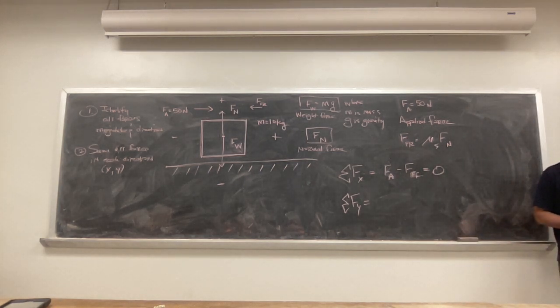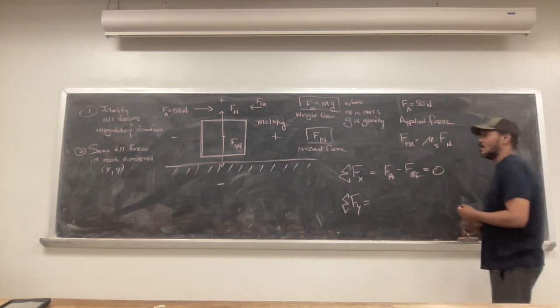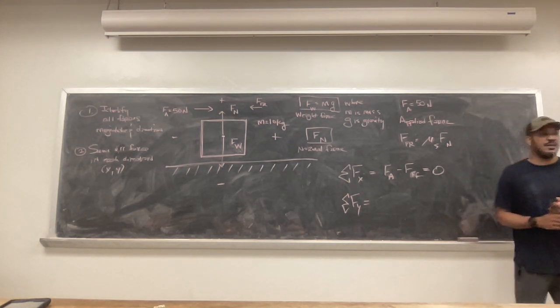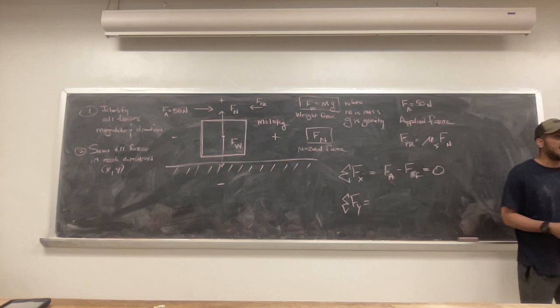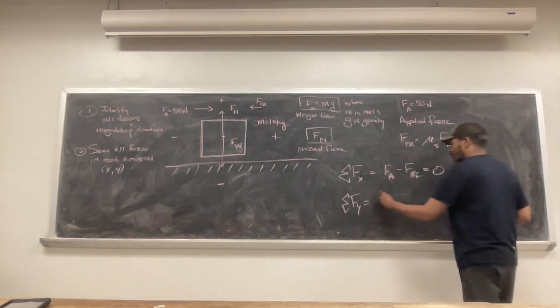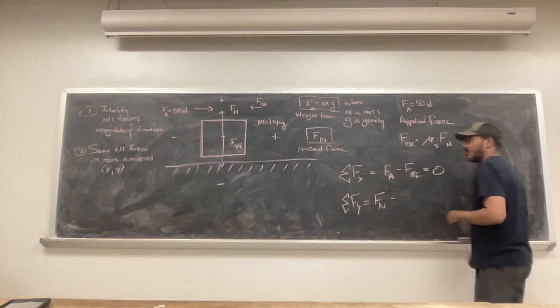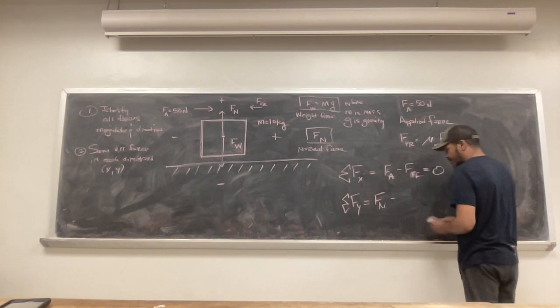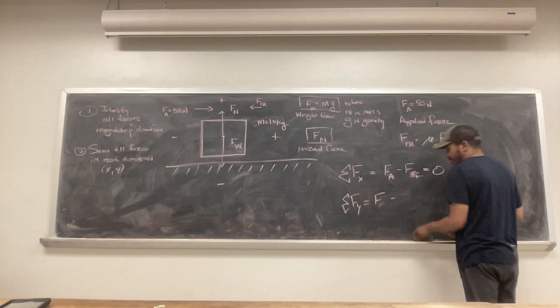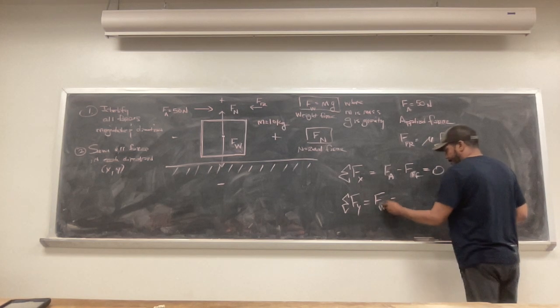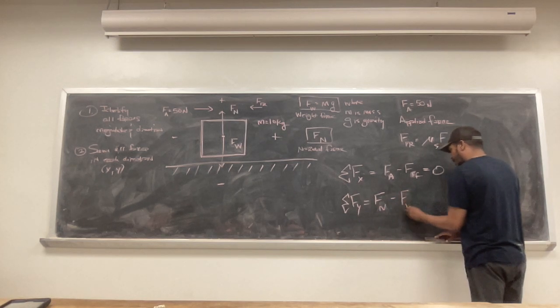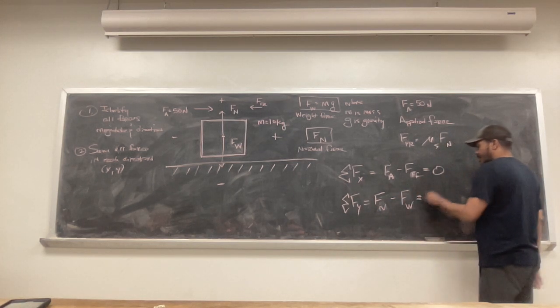The normal and gravity. Yes. Which way does the normal point? Positive, so we write that one first. And FW points negative, so we subtract FW, right?